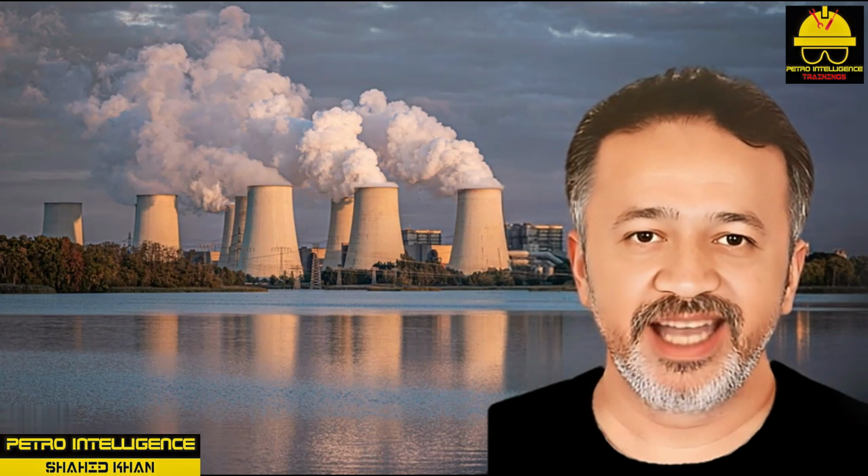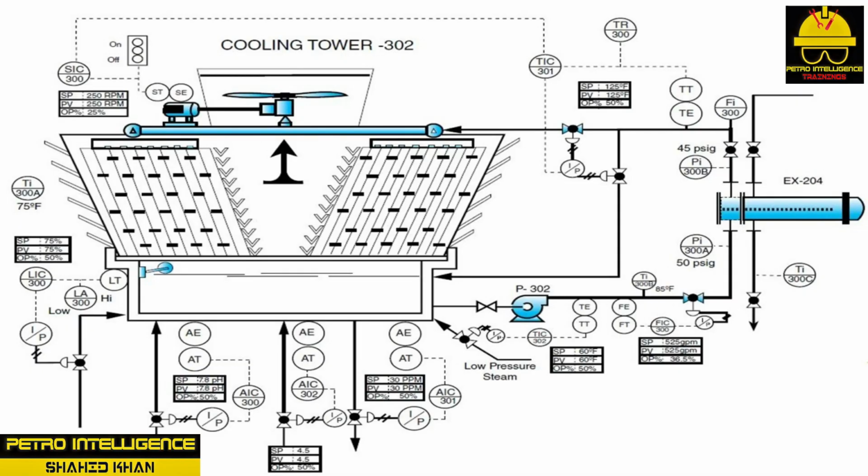Blowdown Control, AIC 301 Analytical Indicating Controller. The purpose of this controller is to monitor and control the levels of suspended solids. Using either draw-off or blowdown, this process is primarily used to control the buildup or concentration of minerals in the recirculation water. The blowdown system is designed to control the level of suspended solids in the water basin.